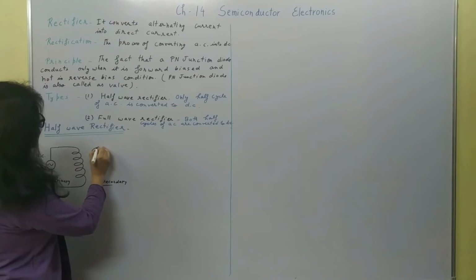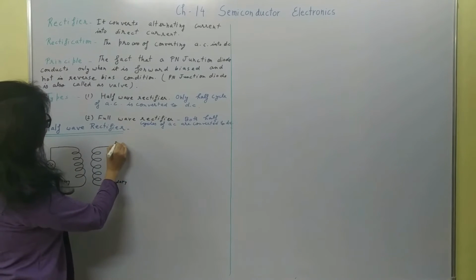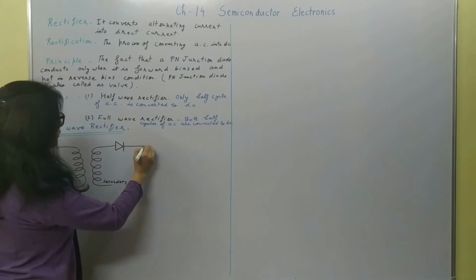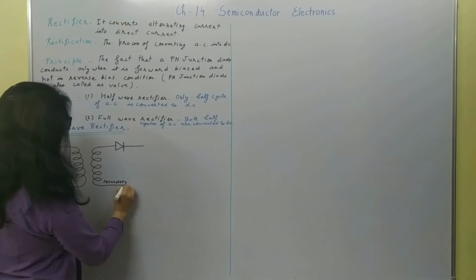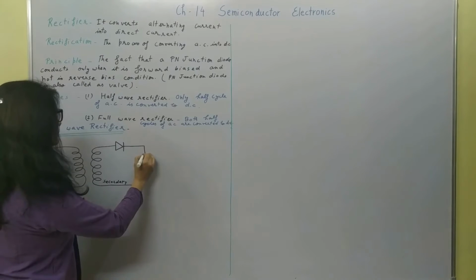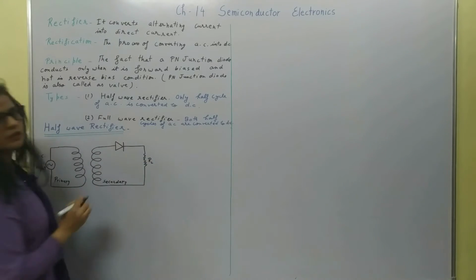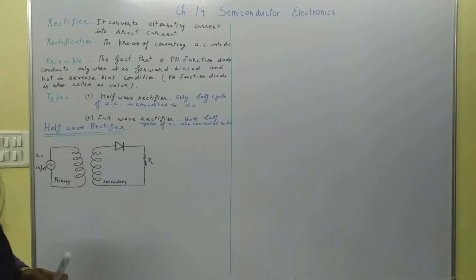And a PN junction diode is connected here, and the load resistance is connected here, across which the output is taken.